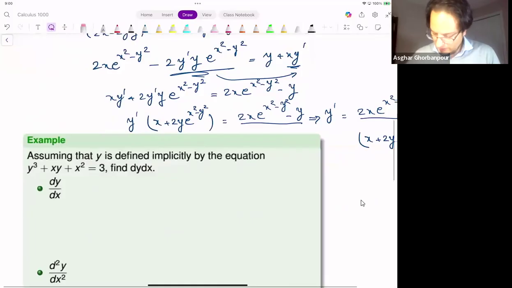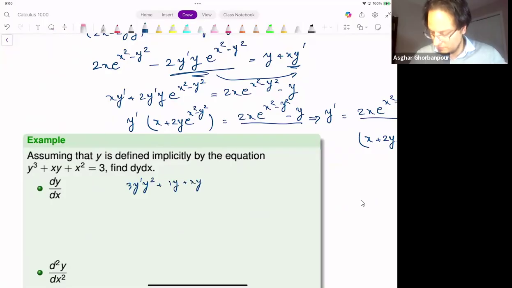So here to find dy dx, you differentiate both sides: 3y prime y squared plus 1 times y, product rule, x times y prime plus 2x is equal to 0. Take the terms without y prime to the other side.